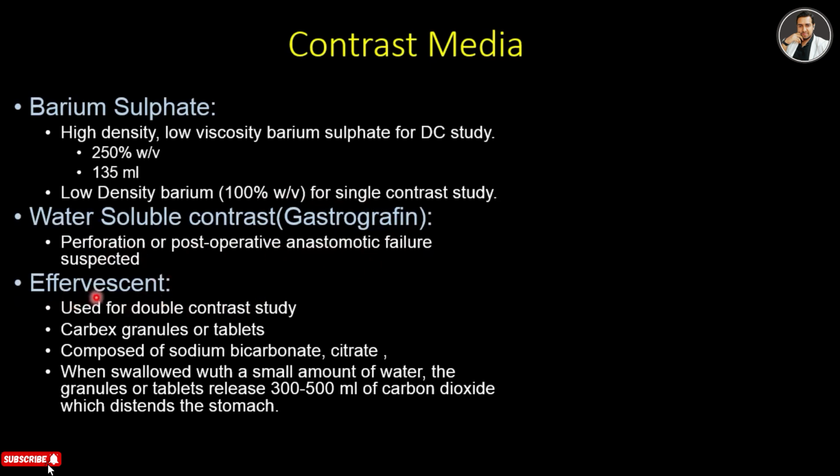Effervescent means materials which produce gas or bubbles. Carbex granules or tablets are composed of sodium bicarbonate or citrate, and when swallowed with a small amount of water, the granules or tablets release 300 to 500 ml of carbon dioxide, which distends the stomach.